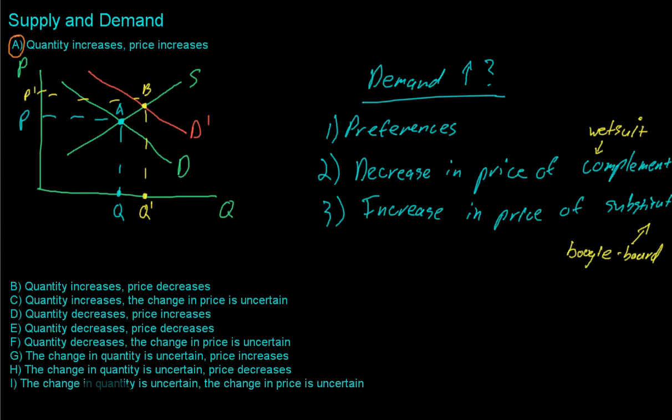And then the next 2 things I will also do separate videos for. The next one is an increase in income if surfboards are a normal good. All that a normal good is, is a good that people buy more of when they have more income.